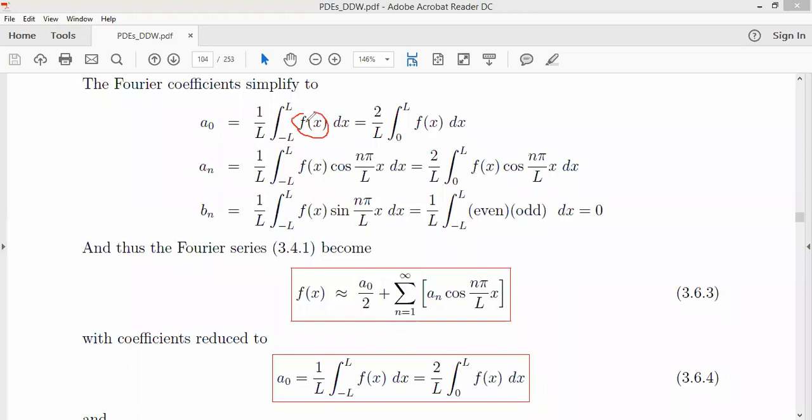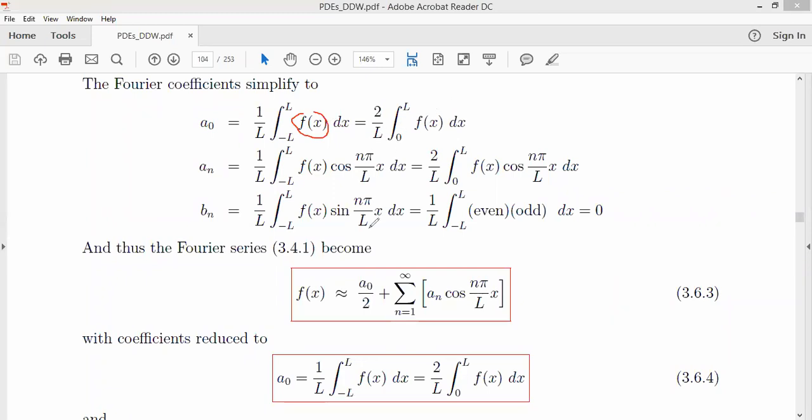If f(x) is even, we looked at the property, I think property 7, where we said if it is even, you will get it as 2 times the integral from 0 to L of f(x). So to compute a naught, if f(x) is even, it is simply this computation.